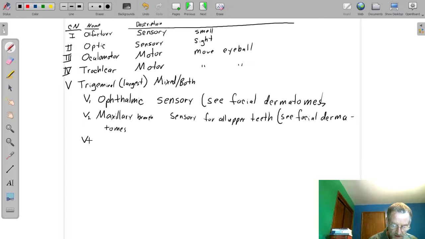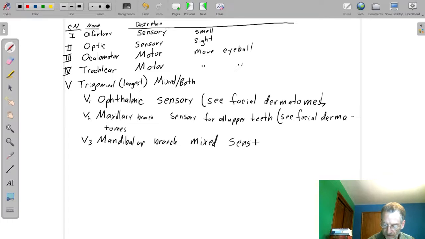And then V3 is the mandibular branch, and it's mixed. Mandibular branch, mixed, or both, has sensory and motor. So let's say that it is carrying sensory for all the lower teeth.